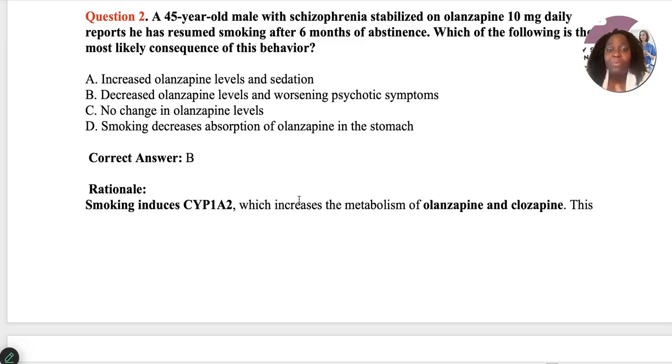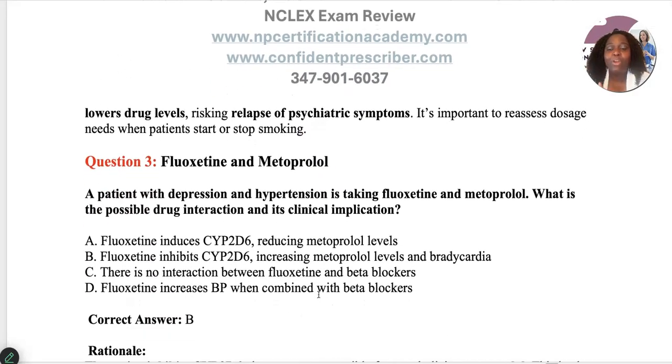So you're prescribing olanzapine to support your patient with psych issues, and now you realize you're not getting any result. Guess why you're not getting results? You're not getting results mainly because the cigarette smoking is diminishing the efficacy of olanzapine. So you're still going to be seeing the psychotic symptoms. So you will see that you're not getting anywhere.